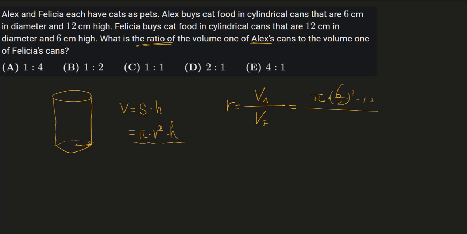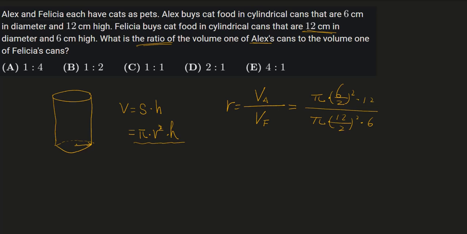And for the cylinder of Felicia, that is pi times, because for Felicia the diameter is 12 cm, so that's 12 divided by 2, and then squared, and then times 6, which is the height. It's a little bit shorter than Alex's cylindrical can.